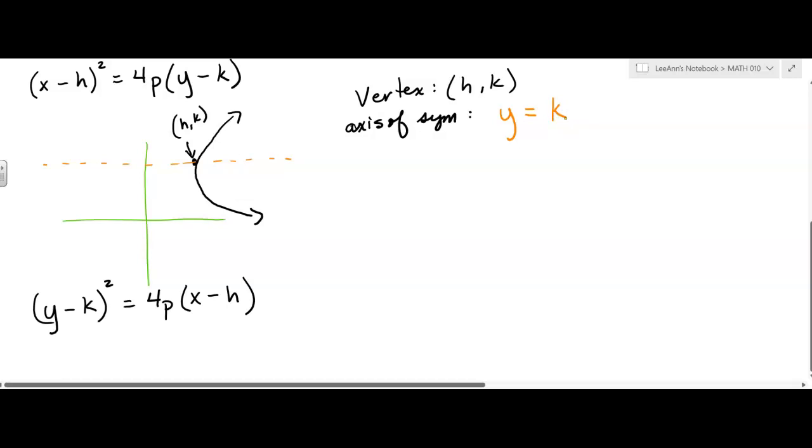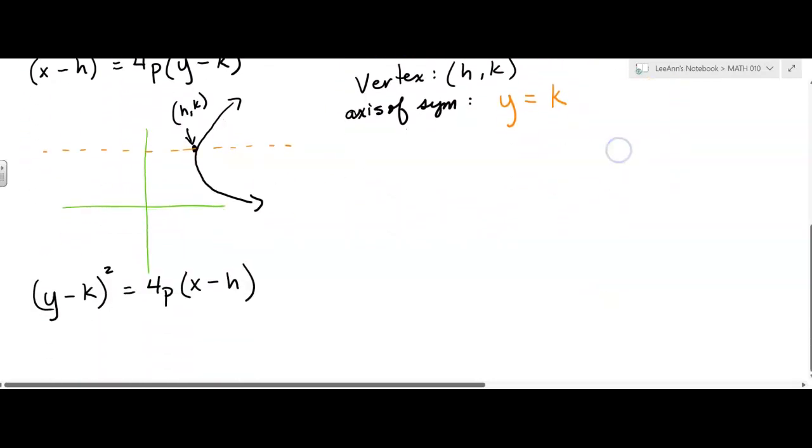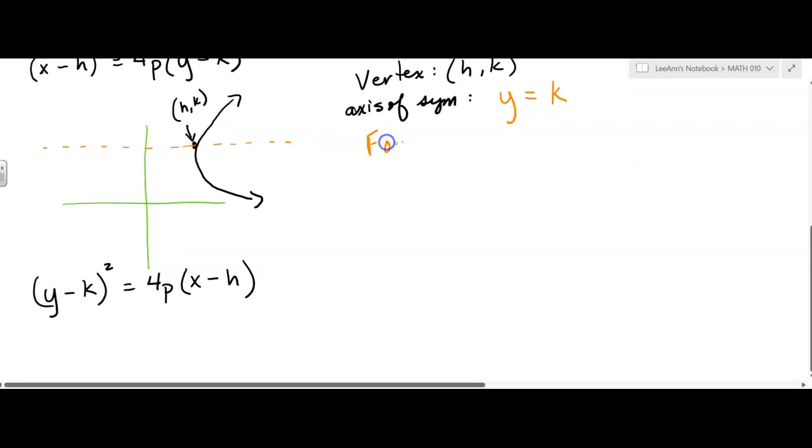All right. So we got the axis of symmetry. We need the focus. So the focus is going to be in here somewhere. And so it's going to be h plus p, comma, k, because it's still going to be in line with the vertex.